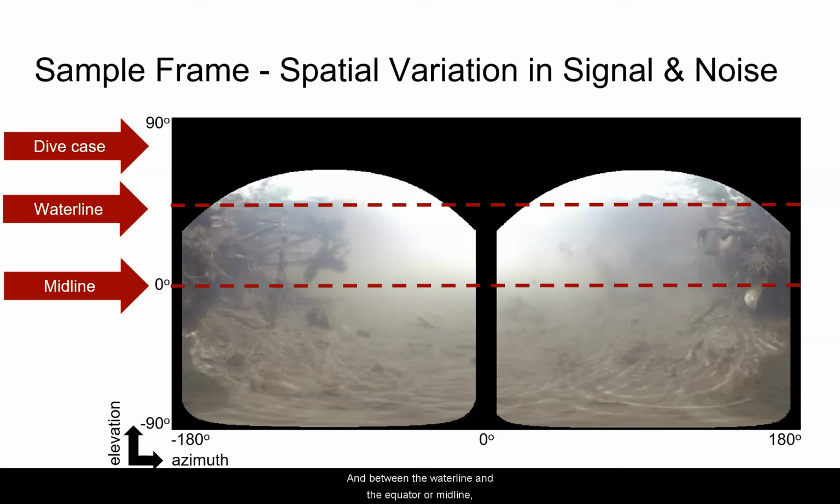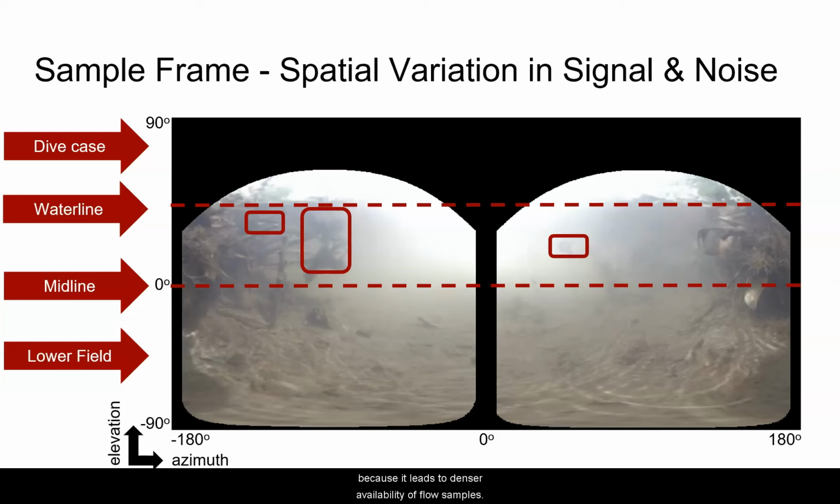And between the waterline and the equator or midline, you can see that some of this image content is reflected. So we actually end up with more texture in the upper visual field than we might in a terrestrial environment with the same vegetation. This is good news for self-motion estimation because it leads to a denser availability of flow samples.